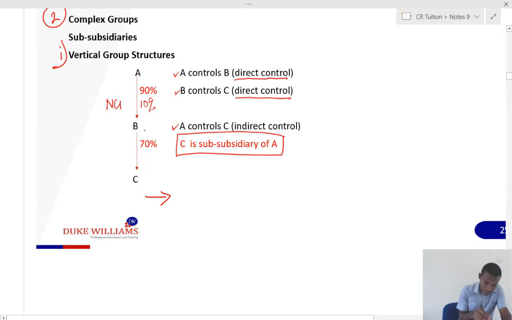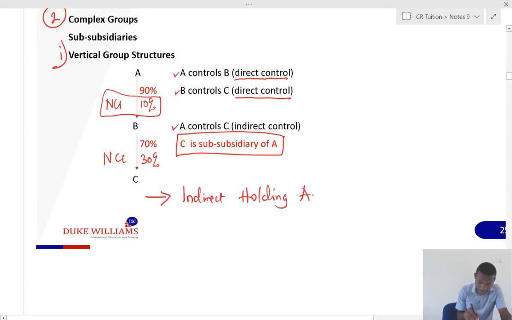B is having 70% in C. It means the NCI in C is 30%. Now, because the NCIs in B also have an investment in C, we say that we have indirect holding adjustment.